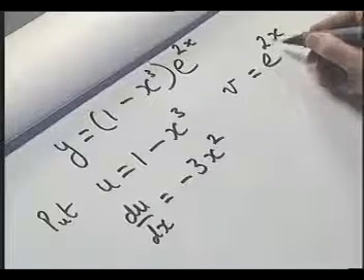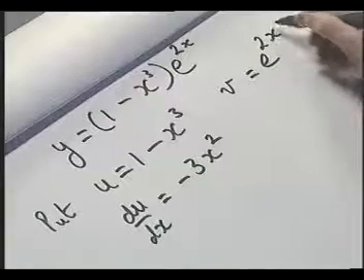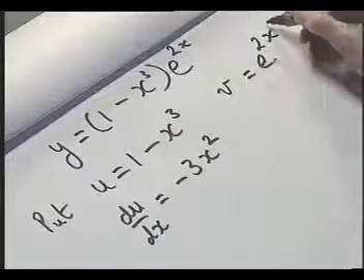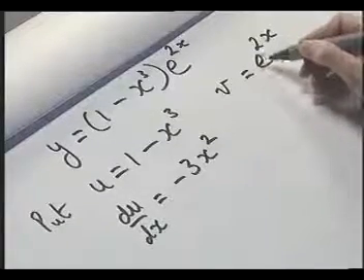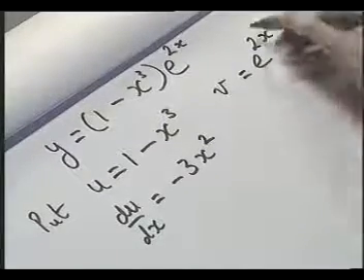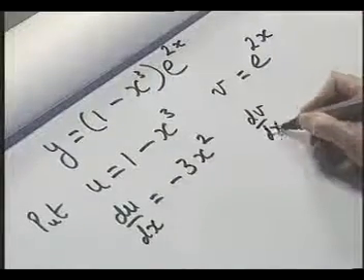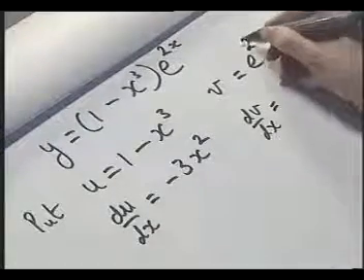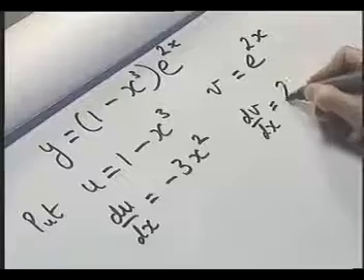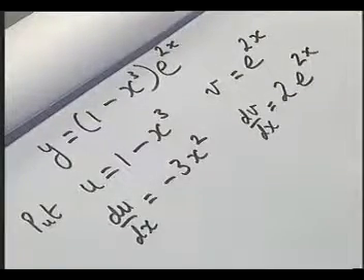V is e to the 2x, and remember that in order to differentiate the exponential function, we differentiate the power, and we multiply the derivative of that power by e to the 2x in this case. So that dv by dx is equal to the derivative of the power, the derivative of 2x, which is just 2, times e to the 2x.